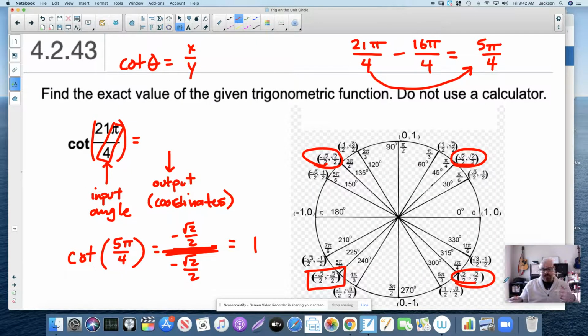So long story short, cotangent and tangent of pi over 4 angles are either going to be positive 1 down here in quadrant 3 and quadrant 1, because positive over a positive is positive, negative over a negative is positive, or it's going to be negative 1 in quadrants 2 and 4, because one of those values is negative. So keep that in the back of your head anytime you're doing a tangent or cotangent of a pi over 4 angle. Any other function of any other angle is going to include some variation of a radical or something like that. Okay.